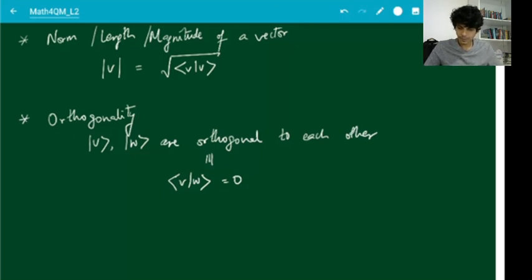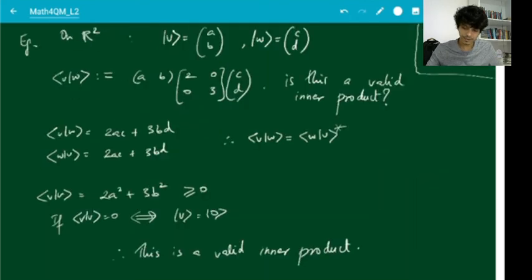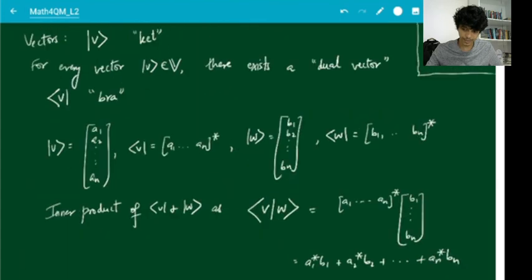One statement I want to make at the end of this particular video, and this is for those of you who are more inclined towards pure mathematics. I never formally defined what this bra vector means. I said at some point that there is a dual vector, but what this dual vector means I never said.